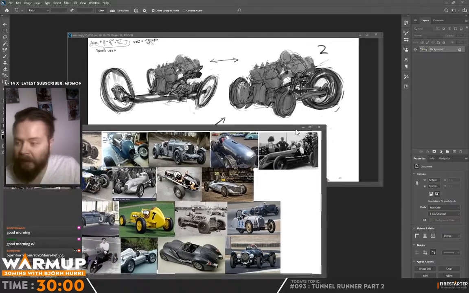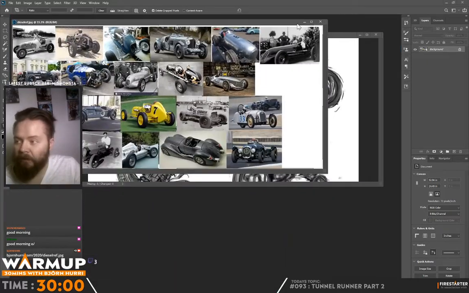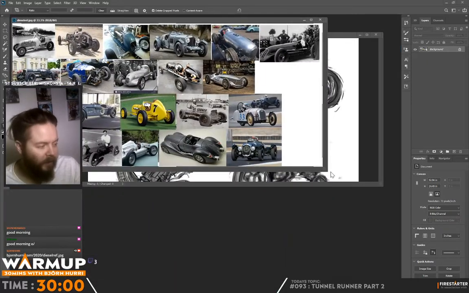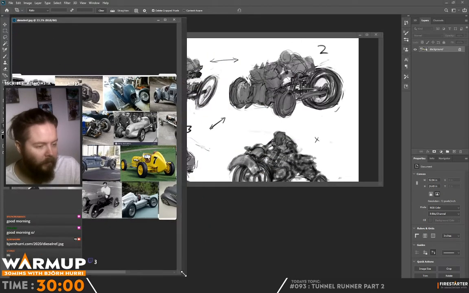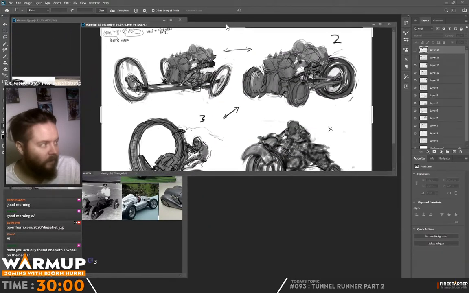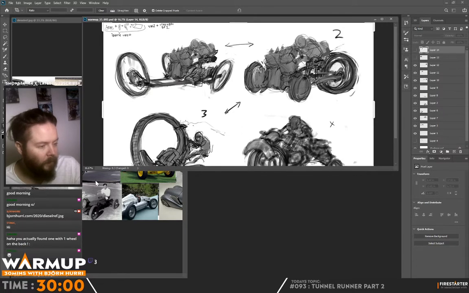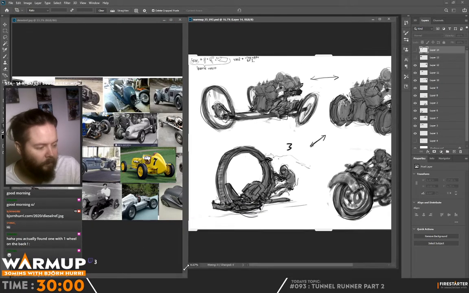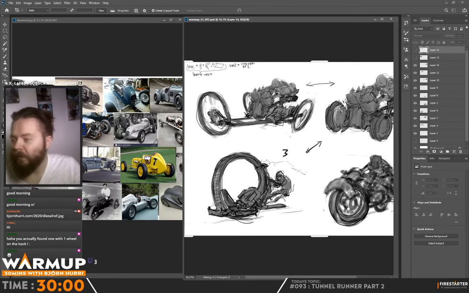Actually, let's do it like I actually do it. I do this on the second monitor, and you guys can see it this way instead. Let's be a little bit educational.